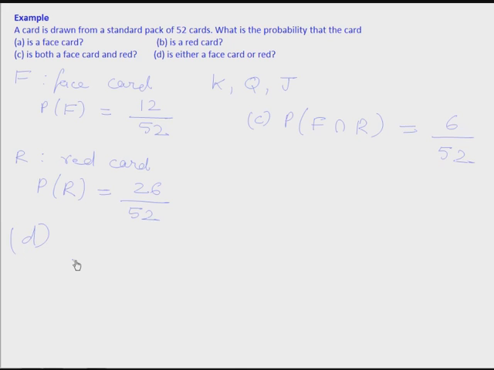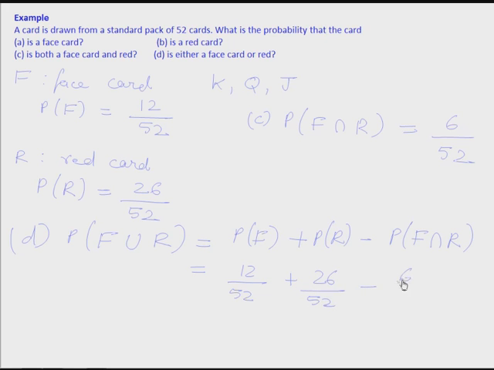So we are asking for P(F union R), which we know by our formula is P(F) plus P(R) minus P(F intersection R), which turns out to be 12 over 52 plus 26 over 52 minus 6 over 52, which is 32 over 52. A simple application of the formula for the union.